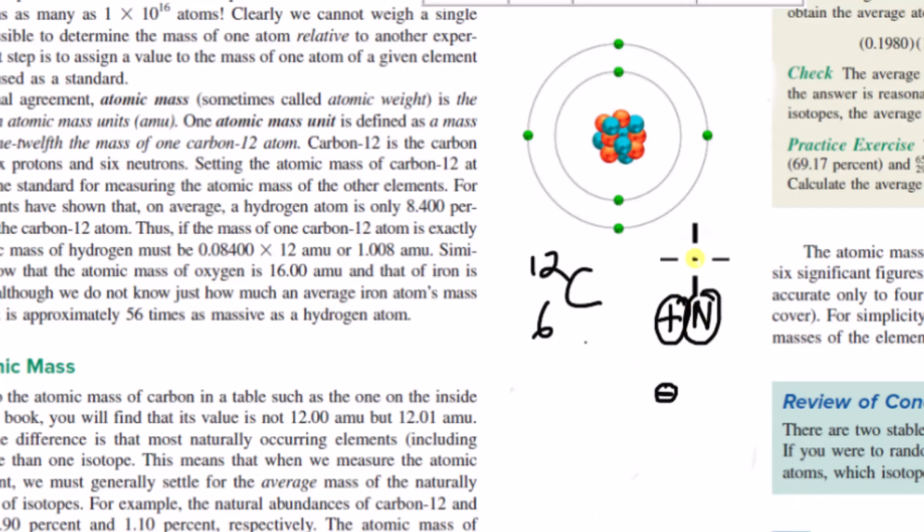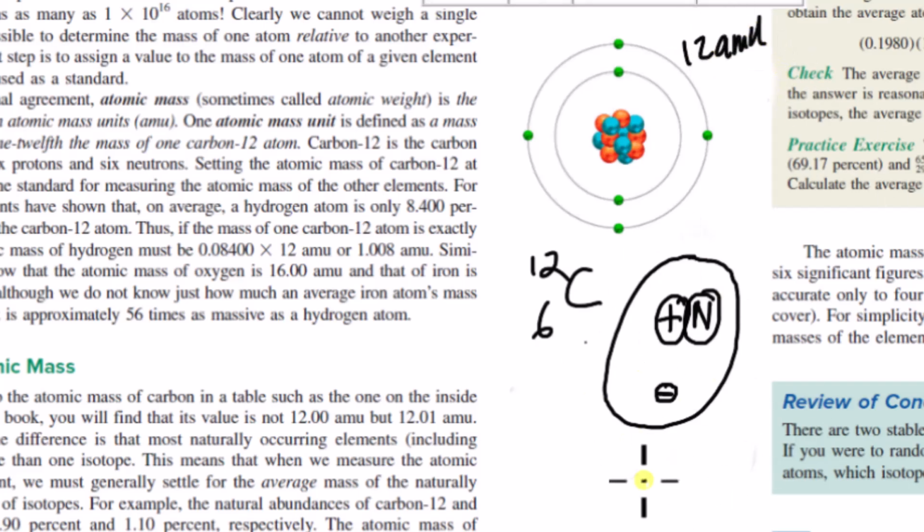If we take this as a trio, then we could make a statement that there are 6 of these trios in the carbon-12 atom, and they're all the exact same. It's these 6 equivalent trios of a proton and a neutron as nucleons, and a single surrounding electron. With 6 of these trios, if this weighs 12 AMU, then each trio must weigh exactly 2 AMU. And that's exactly correct, absolutely.